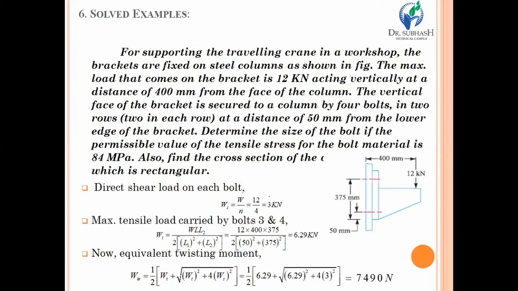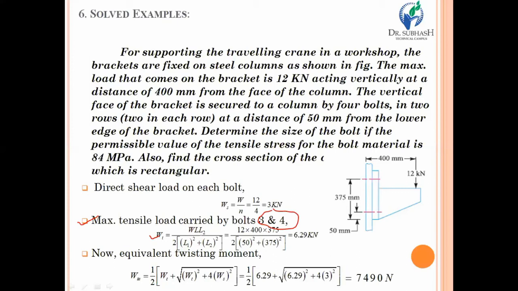Once you have calculated the direct shear load, then calculate the maximum tensile load carried by the bolt, and that is bolt number 3 and 4 because they are far away from the tilting edge. So calculate the maximum tensile load on bolts number 3 and 4, and it gives Wt equal to W L L2 upon 2 (L1 square plus L2 square).